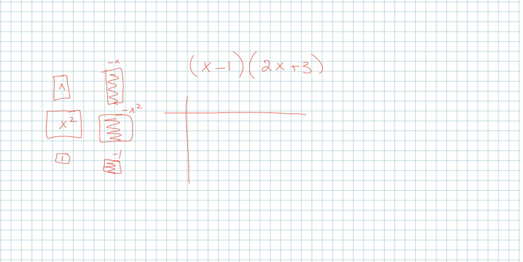Okay? So, for this one I have one long one, which is x, and then minus 1, so that's going to be a square, but it's going to be colored, and that's going to be the minus 1. Okay? For this one I have 2 long ones and 3 small ones. Okay?